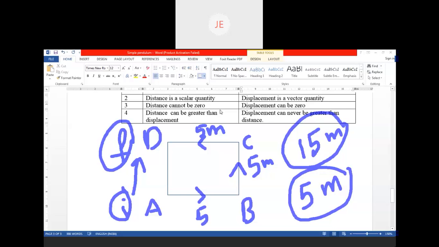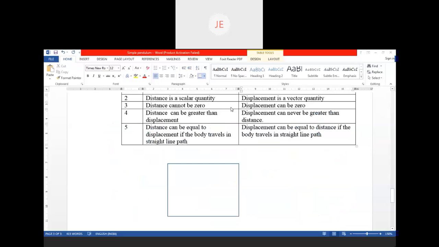Next point, let us try to understand. Distance can be equal to displacement if the body travels in a straight line path. Same thing, displacement can be equal to distance if the body travels in a straight line path. This time Kaustav Ghosh is moving from the initial position A to final position B. The distance between A and B is 5 meter only, and the displacement is also 5 meter.